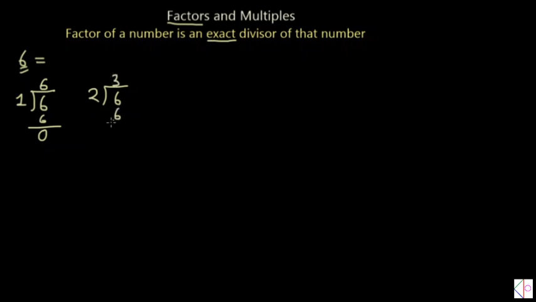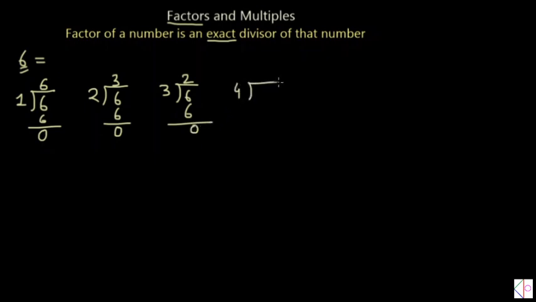So the quotient is 3 and there is no remainder this time also. Next, by 3, it is the same: from the table of 3 we get 3 times 2 equals 6, and again there is no remainder. So it is exactly divisible.